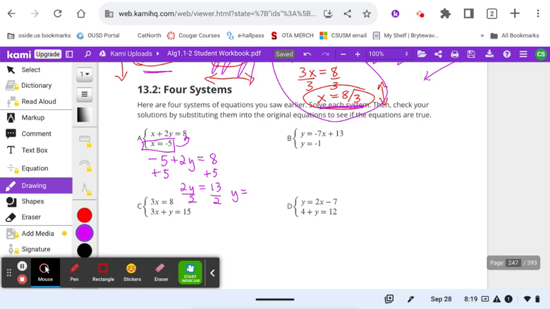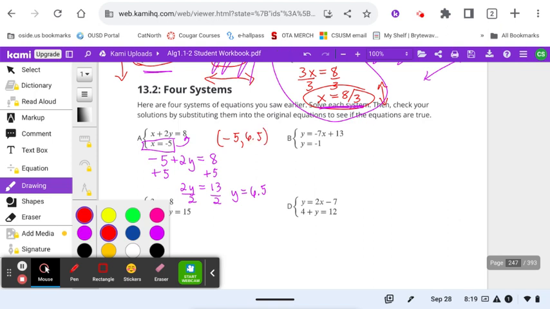You got it, 6.5. Now that's just my answer for y. I need to put the answer together in an x-y coordinate pair because the solution to the system is a point of intersection, and we need both the x and the y coordinate. All right, pause the video, go try B.